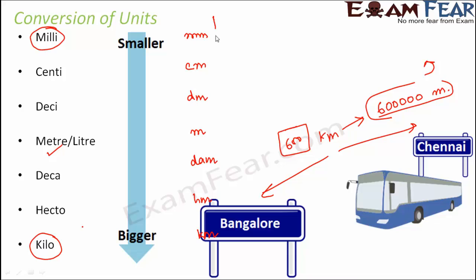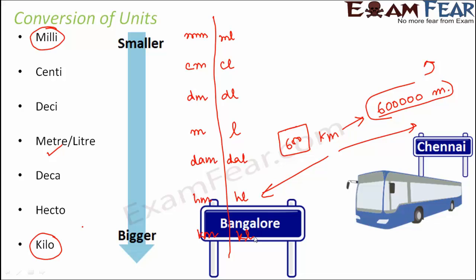Now let's say you are measuring volume, which is in liters. So in that case your meter becomes liter, and therefore this becomes milliliter, centiliter, deciliter, decaliter, hectoliter, and kiloliters. Similarly, when you measure weight, then you measure in terms of grams.